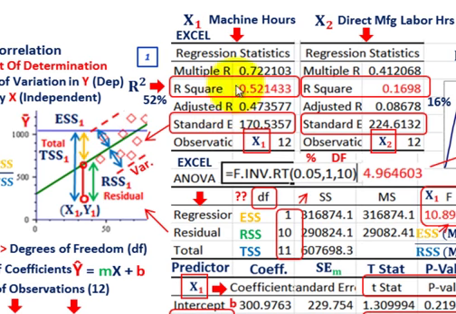So the standard error for our x1 is 170, and that's that variation that we're looking at. And the standard error for x2 is 224. Okay, so you can see that x1 is clearly better than x2 because we have a lower standard error, 170 versus 224. So standard error, x1 machine hours is a better predictor.